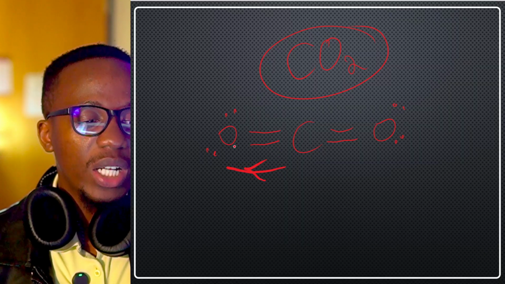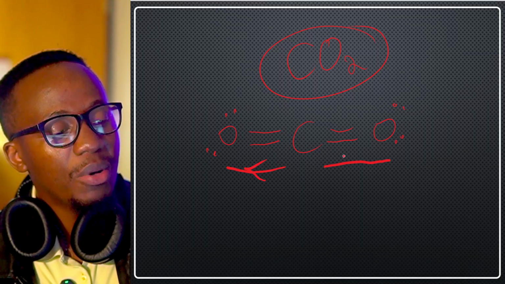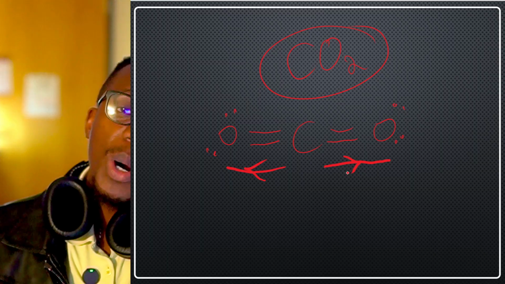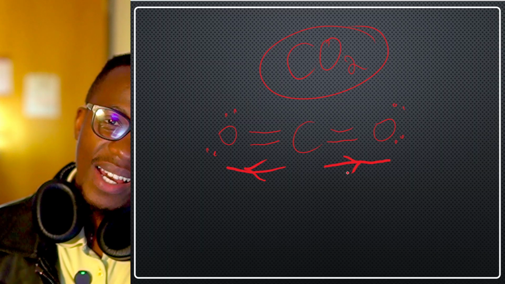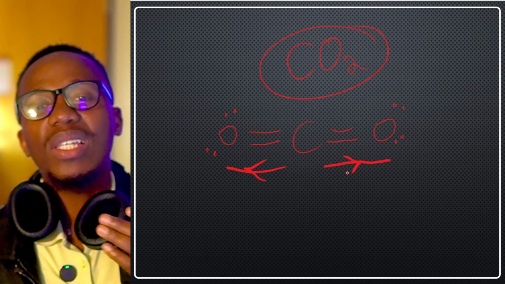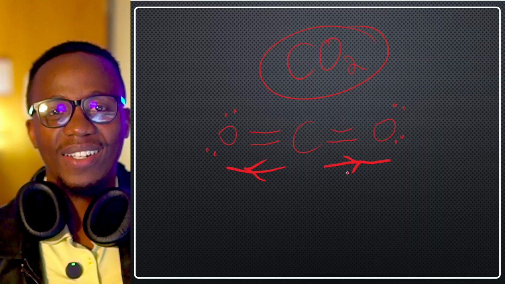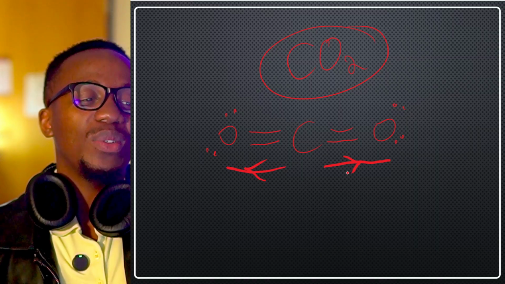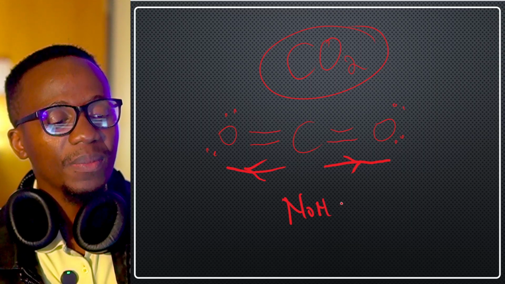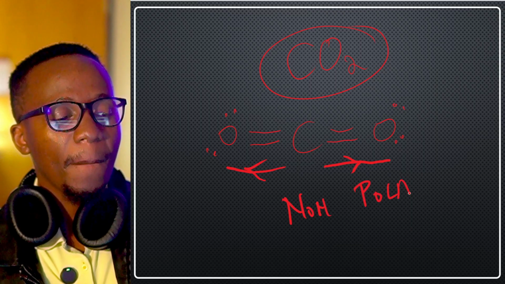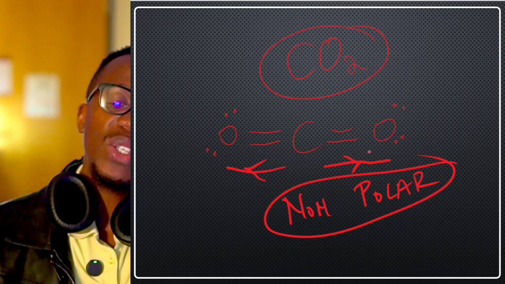There is polarity between carbon and oxygen, that's true, but there's another polarity between this carbon and oxygen that's opposite and equal. And guess what happens to forces that are opposite and equal? They cancel out. So CO2 is non-polar. Why? Because the polarities cancel out.